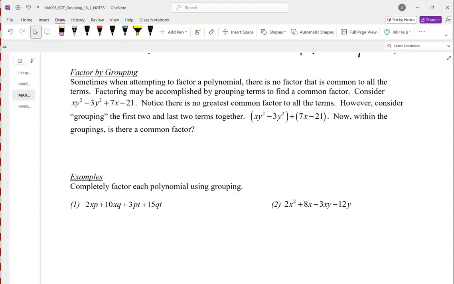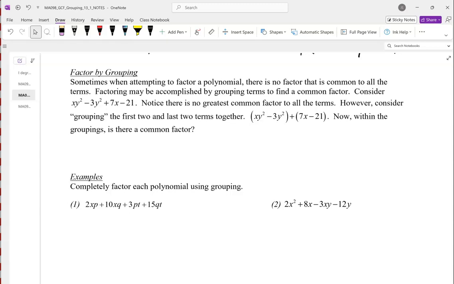An extension of greatest common factor is something that's called factoring by grouping. Looking at that polynomial that you're given on your paper, notice that there's nothing. The only thing that all the coefficients have in common is a 1, right? In particular, there's a 1 right there. So the GCF for the coefficients would just be 1.